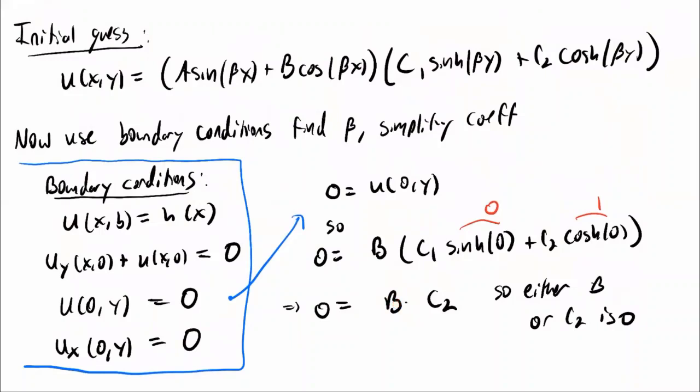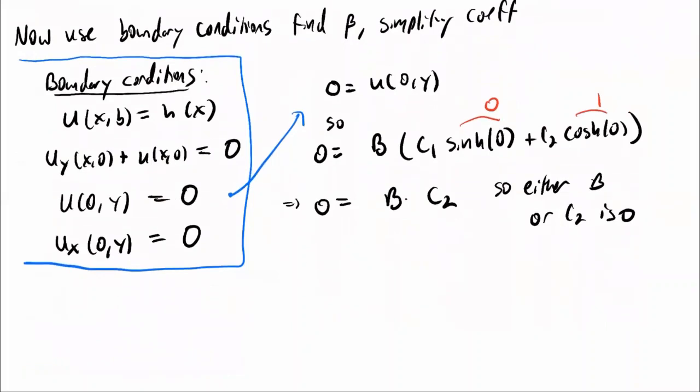This is kind of an arbitrary choice, and if you got to a point where you couldn't solve, you would come back to this step and instead try b non-zero and c2 equals 0. But for our purposes, let's say that b is equal to 0.